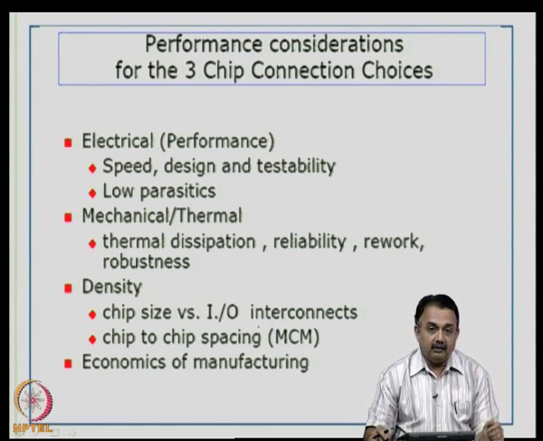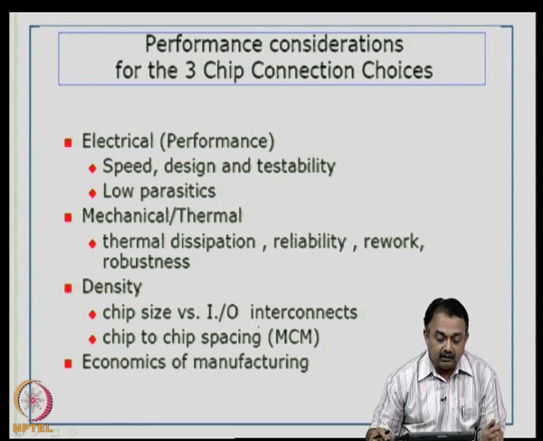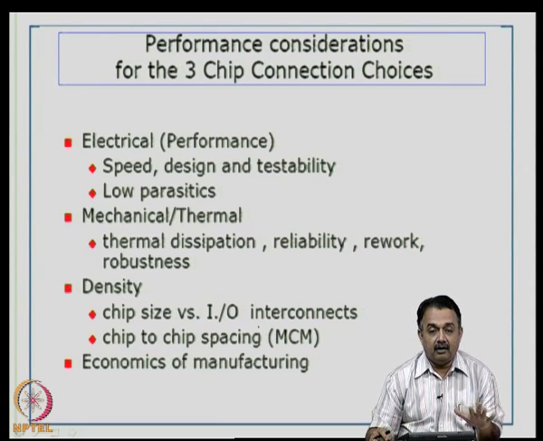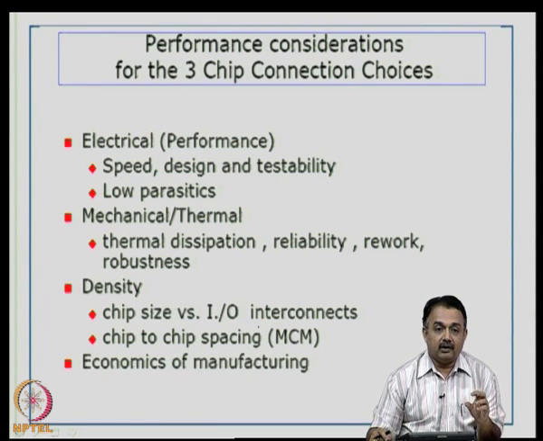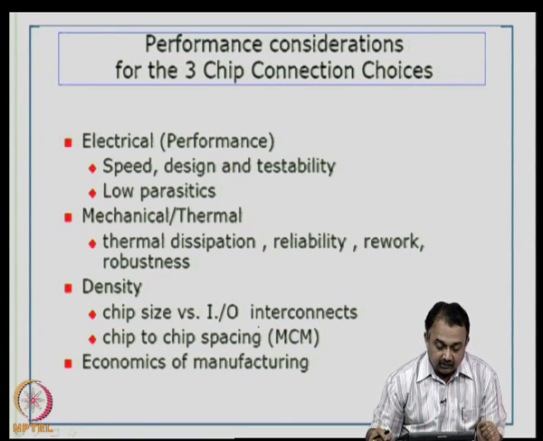So, we have seen all the 3 chip connection choices. What are the performance considerations? One is electrical: speed, design and testability, low parasitics. So, the choice of you going in for a flip chip or a wire bond or a TAB, you have to look at these parameters to decide which one you really need for your custom built package.